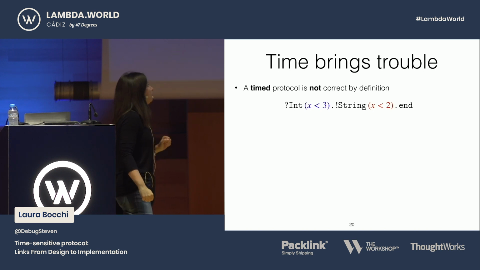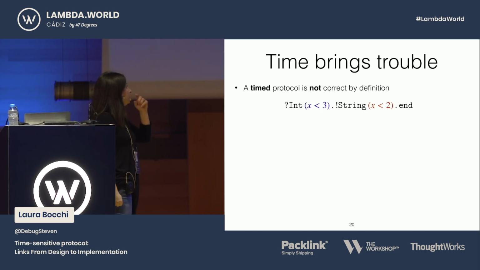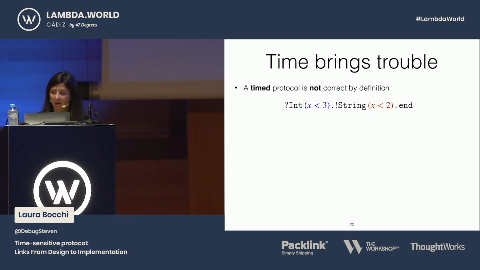The protocol that you have on the slide is a modification of the protocol we have seen before. And I have added time constraints, and I'm basically asking the server to be ready to receive an integer by 3 o'clock, and then reply with a string by 2 o'clock.